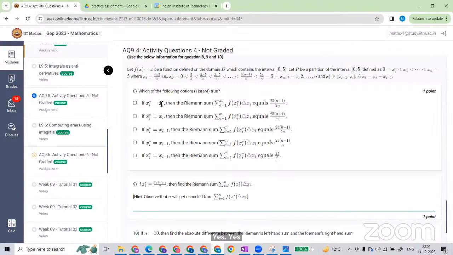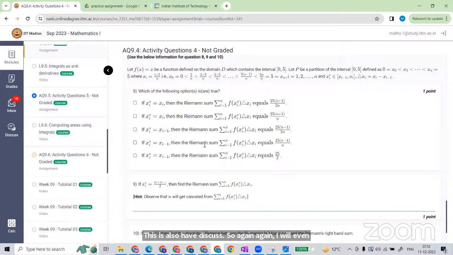What is the meaning of the star? That is the meaning of the left Riemann sum you are finding, and this is the right Riemann sum, and this one says the left Riemann sum you are finding. This I have also discussed. Even this whole question I have discussed in that session.